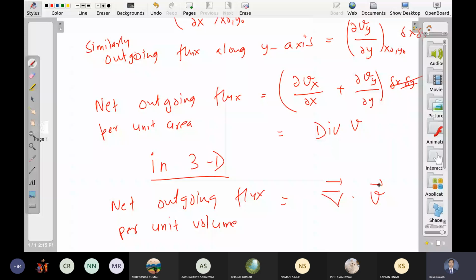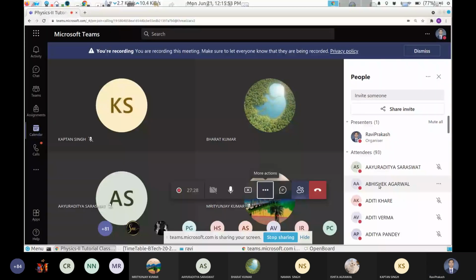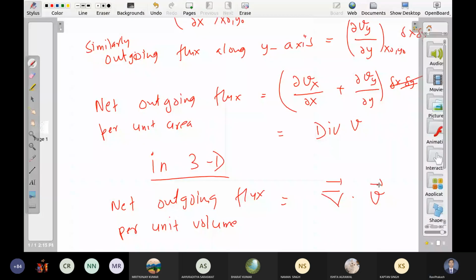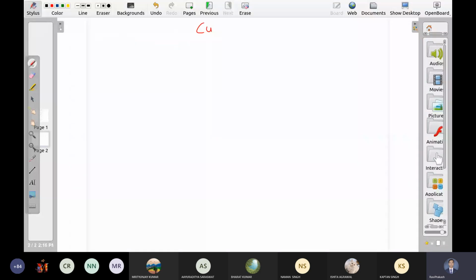What about curl now? So let us see, what is the curl? Strength of rotation.